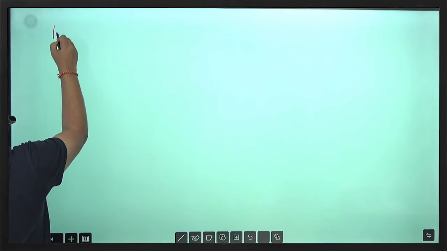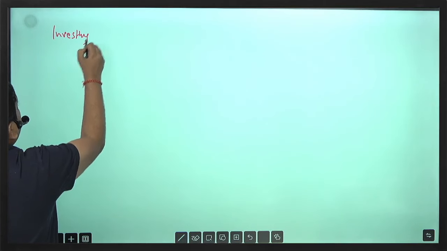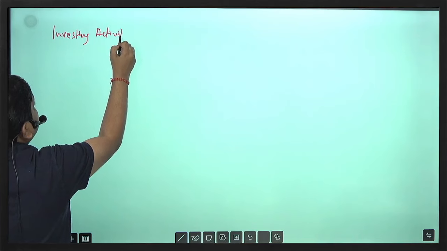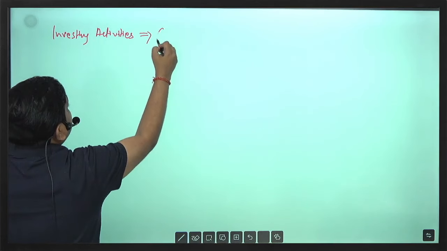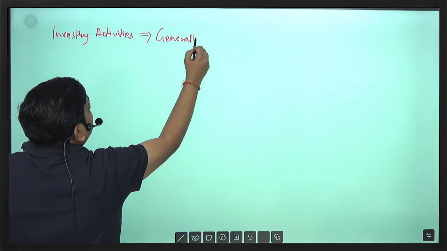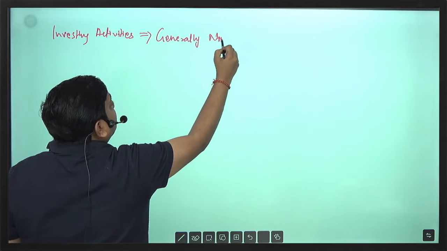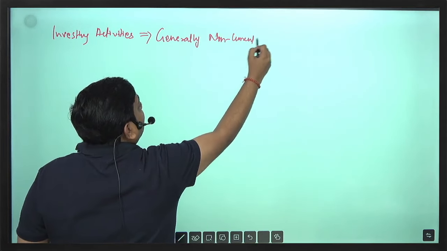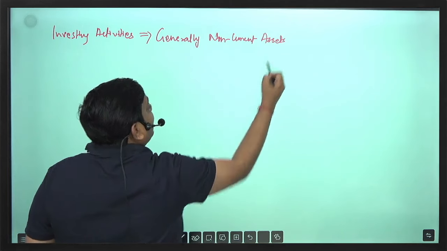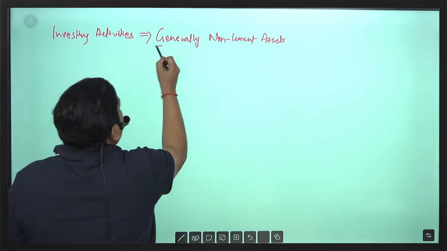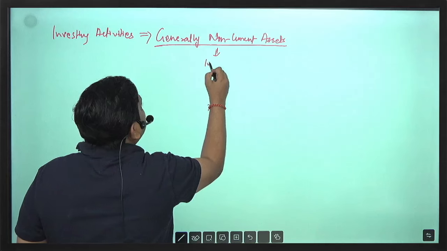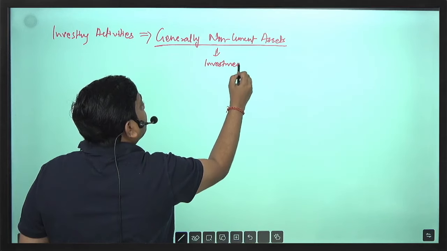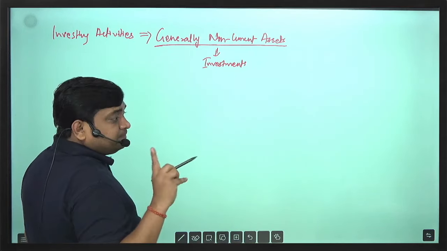Now when I talk about investing activities, this is generally non-current assets. And when I talk about non-current assets, it can be investments, not short term.